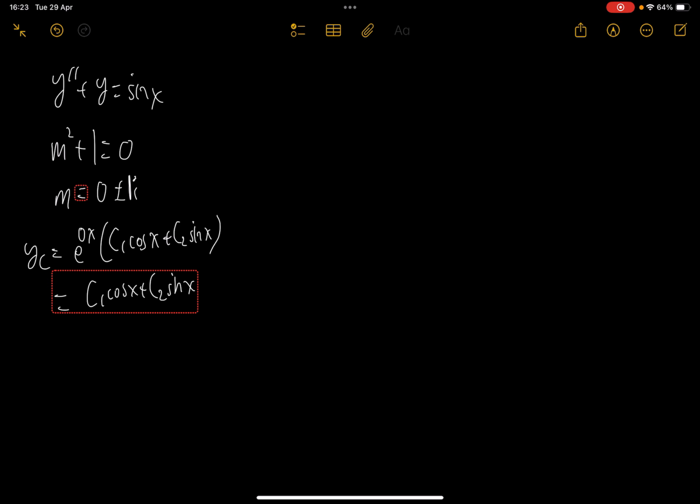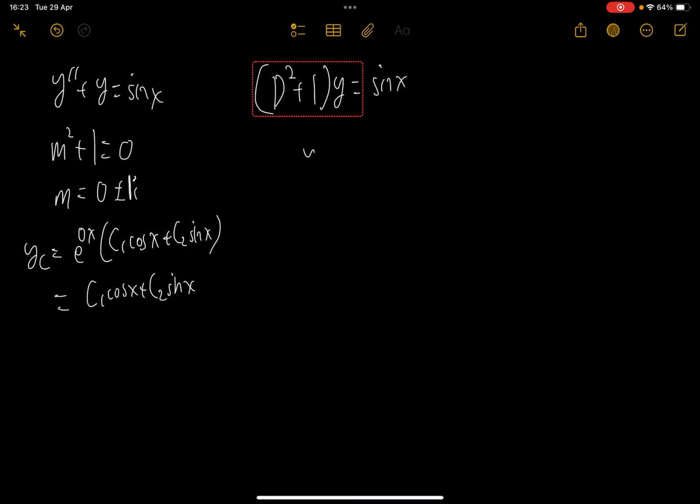And then here, to find our particular solution, we are going to use the inverse operator. We can write this as D squared plus 1 times y equal to sin x, and then y equals 1 over D squared plus 1 of sin x.